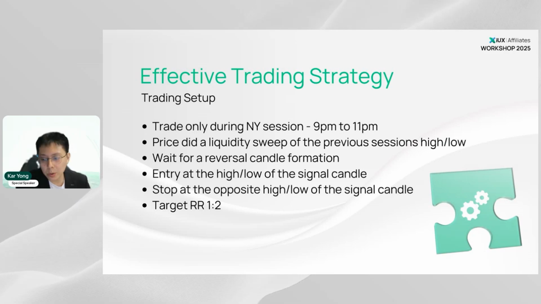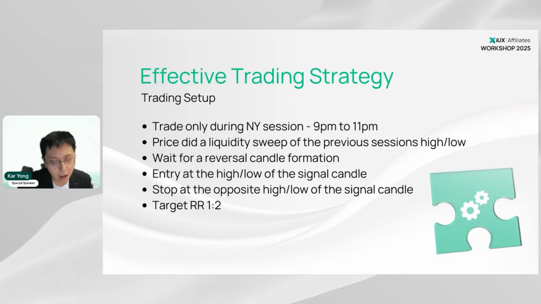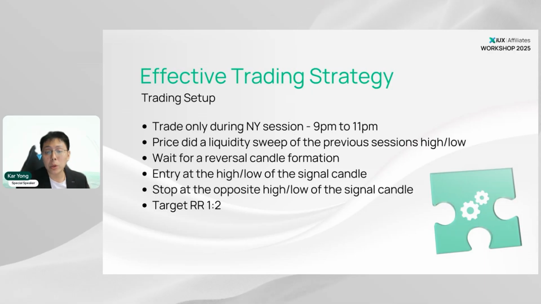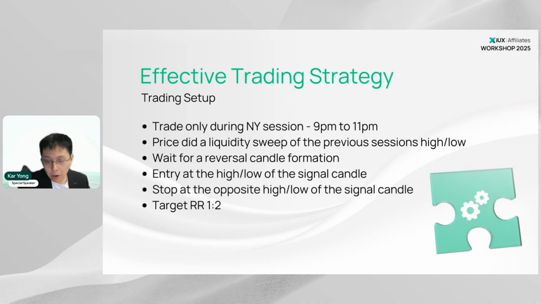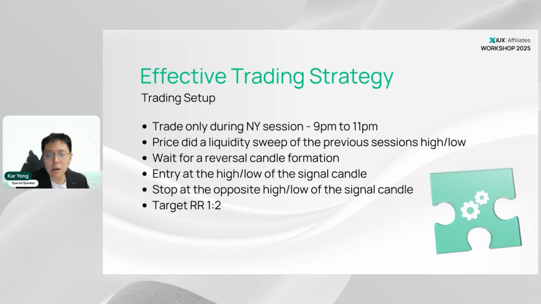Number 2, I need to wait and see a liquidity sweep. What is a liquidity sweep? It's also known as a fake breakout. You look at previous session highs and lows: Asia high, Asia low, London high, London low. We want a fake break of these highs and lows, meaning price takes them out. A liquidity sweep is also in the opposite direction of our bias.